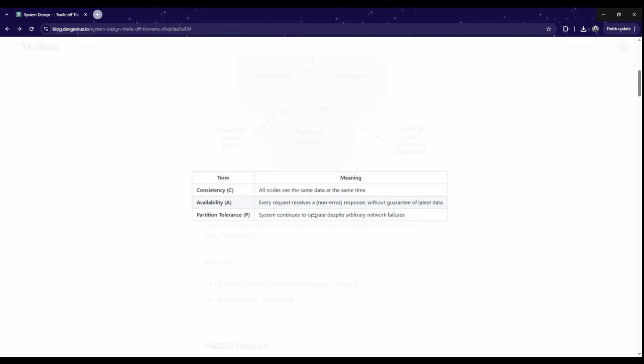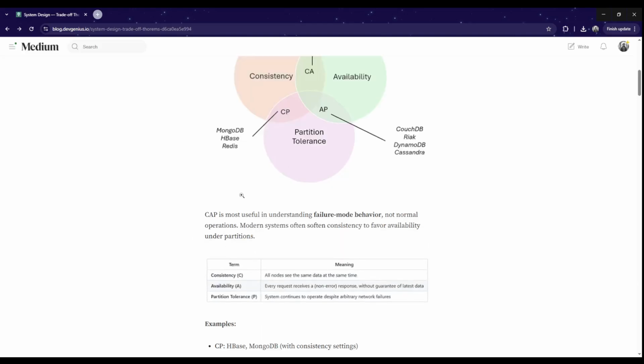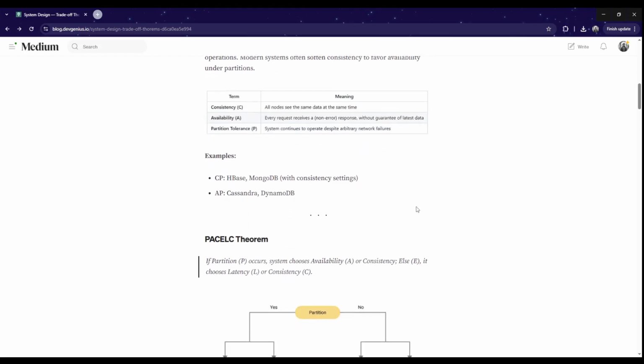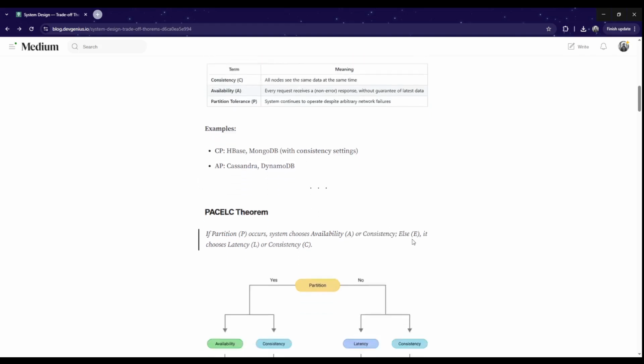If we are choosing for consistency, then both of those nodes should have data in sync, and then we respond with the right result. So that is how this CAP theorem works. An example, as I said, CP is Mongo and HBase, AP is Cassandra and DynamoDB.